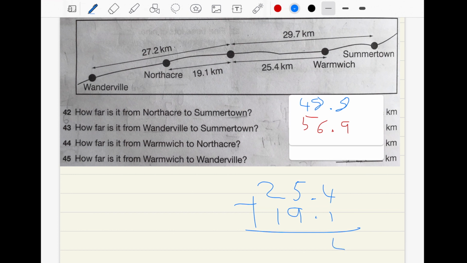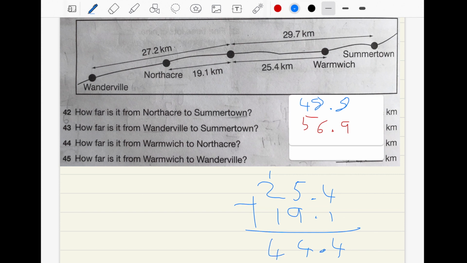4 plus 1 equals 5. 5 plus 9 or 9 plus 5 equals 14. Then that carryover. Then 2 plus 1 equals 3. And then 3 plus 1 equals 4. Or you could do 1 plus this one, that equals 2. And then 2 plus 2 equals 4.